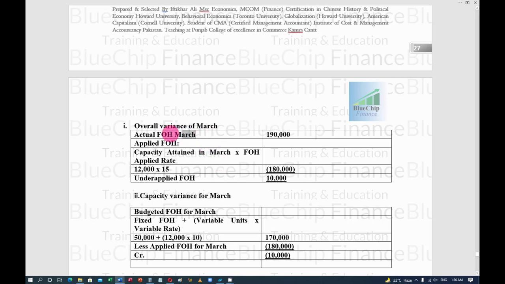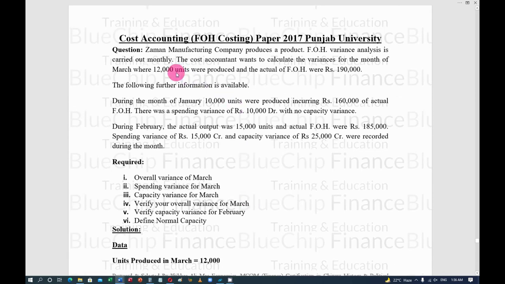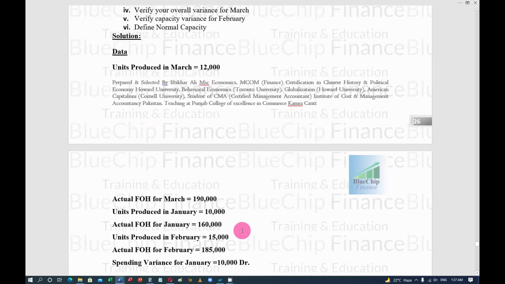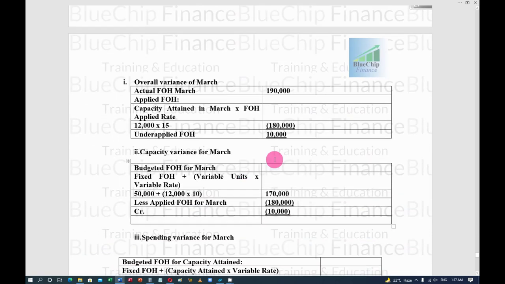Actual FOH for March is 190,000, capacity attained is 12,000, and the FOH applied rate, which we already calculated below, is 15. So 190,000 minus applied FOH, 180,000, equals 10,000 positive. So it is under applied FOH.